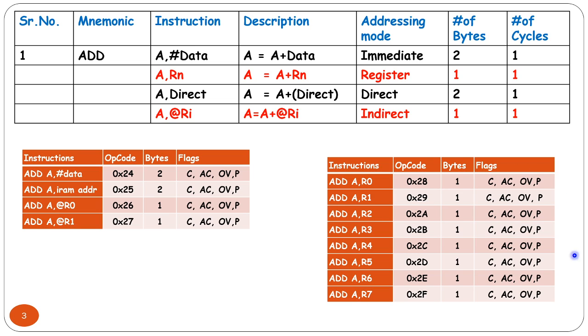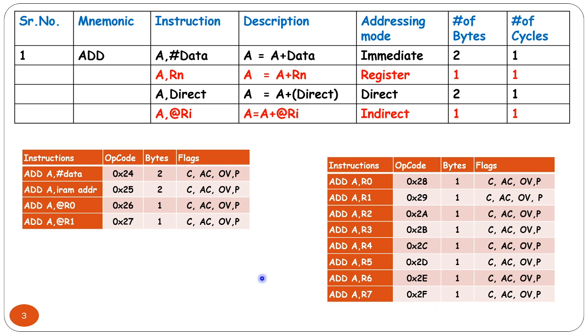And all these flags, meaning carry flag, auxiliary carry flag, overflow flag, parity flag, get changed after the instruction executes. Similarly, the last one, ADD A, R7: the content of the general purpose register is added to the accumulator and the result is stored in the accumulator register. The content of R7 will not change. It has operation code 2FH, and these are the flags affected.